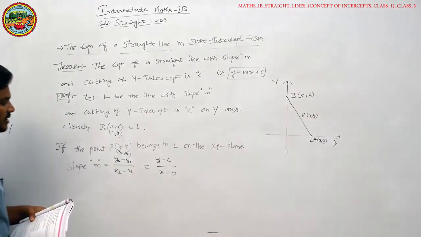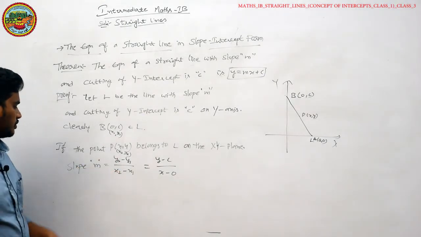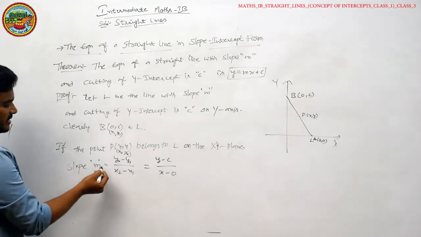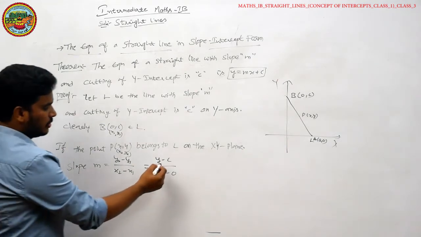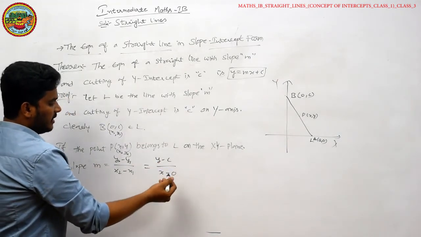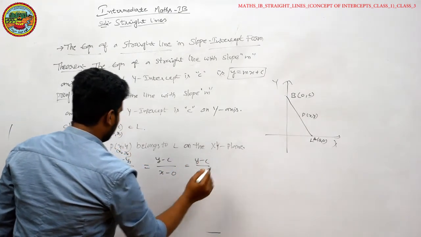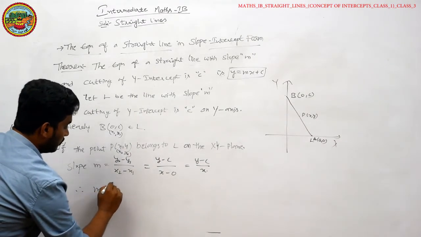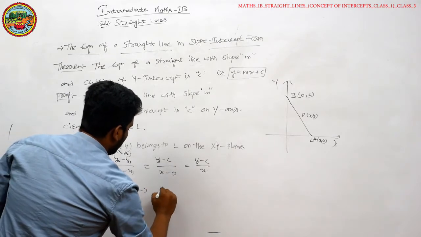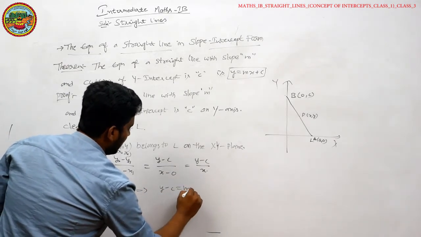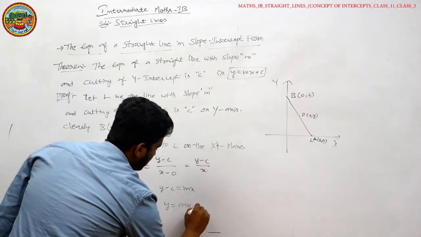Substituting these values into the slope of line L, m is equal to y2 minus y1 by x2 minus x1, which is y minus c by x minus 0, which is y minus c by x. Therefore m is equal to y minus c by x, which implies y minus c is equal to mx, which implies y is equal to mx plus c.